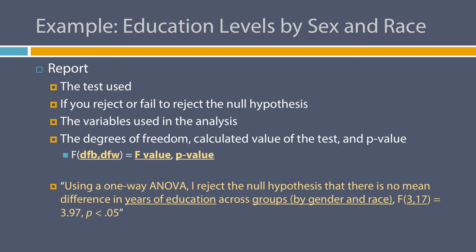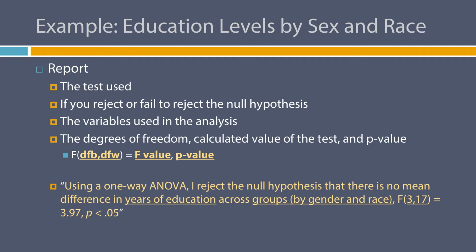Then we report this line up here: F, and then in parentheses, degrees of freedom between, comma, degrees of freedom within, and then we set it equal to the calculated or obtained F value, and then a comma and whatever the p-value is.